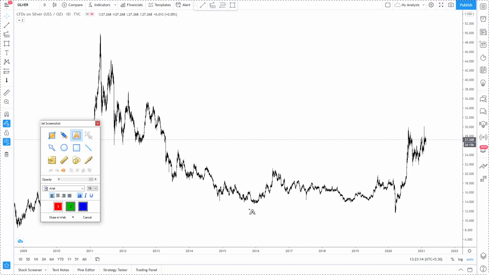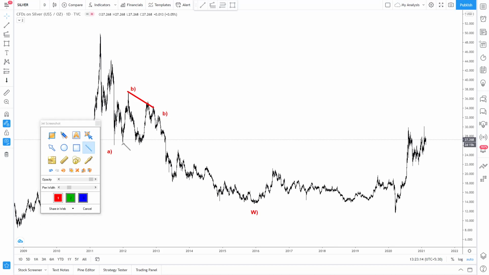So here it's a W, here it's an A, this is the B, or we can make this an A, B, C, D, E. We can mark this as a B as a triangle also. From here also we can make it a triangle, or from here also.